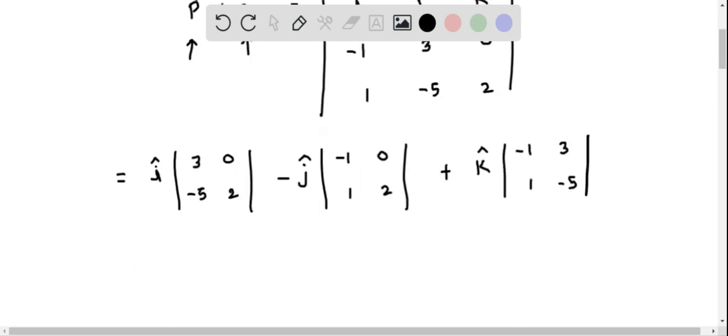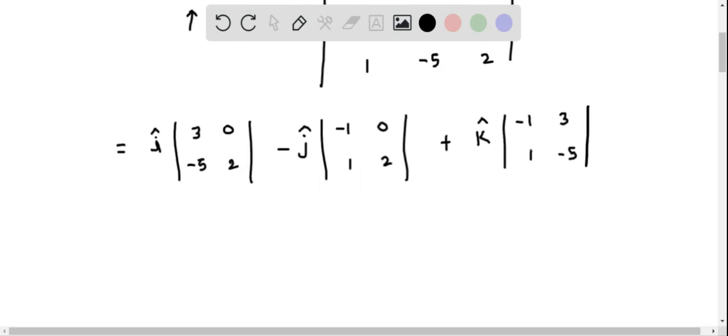Now let's evaluate each of these 2 by 2 determinants. So this equals i vector. We should take the product of the diagonal minus the product of the cross diagonal. So here this will be 3 times 2 is 6, minus -5 times 0 is 0. And then I put j vector. So once again we take the product of the diagonal minus the product of the other diagonal.